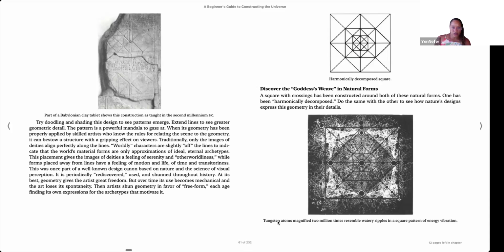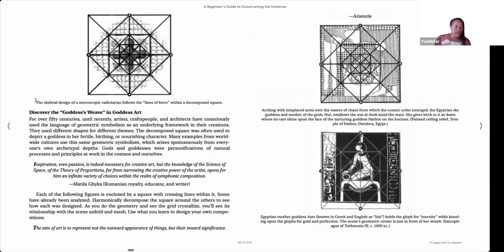So this is tungsten atoms magnified 2 million times, resembling watery ripples in a square pattern of energy vibration. The skeletal design of a microscopic radiolarian follows the lines of force within a decomposed square.